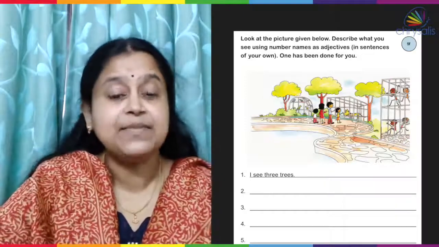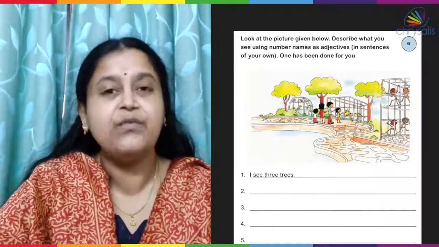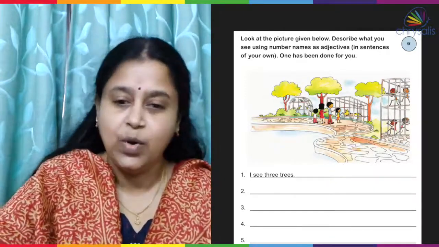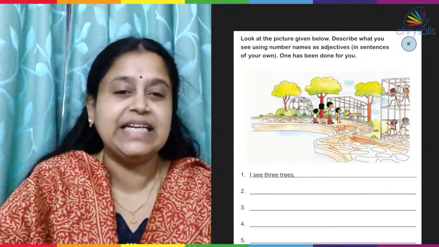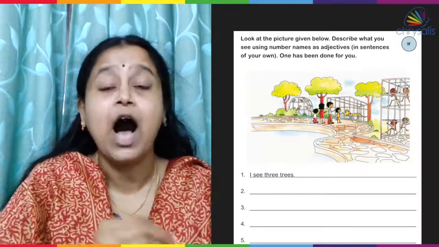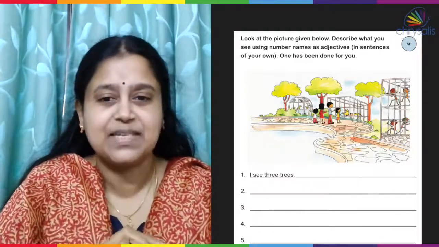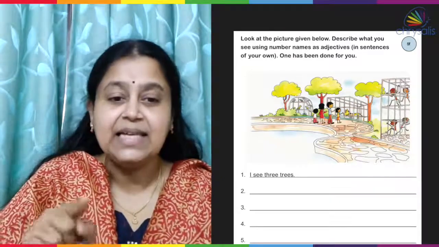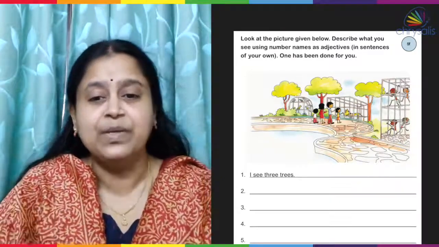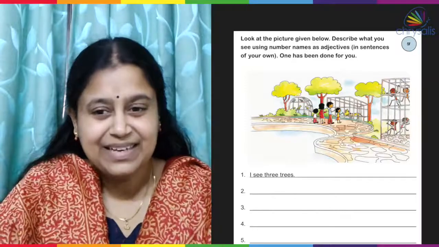When we describe something in numbers, we are using adjectives of quantity. Quantity is how many are there, the numbers present. For example, when we say it is a red apple, what are we describing here?